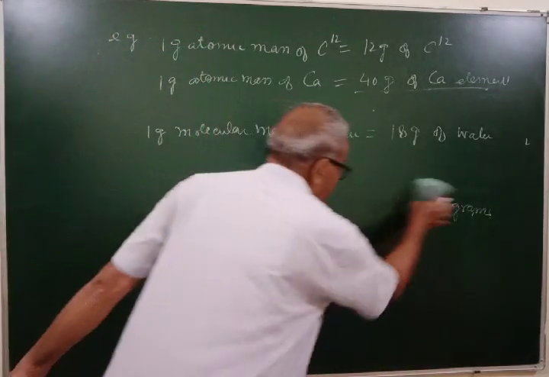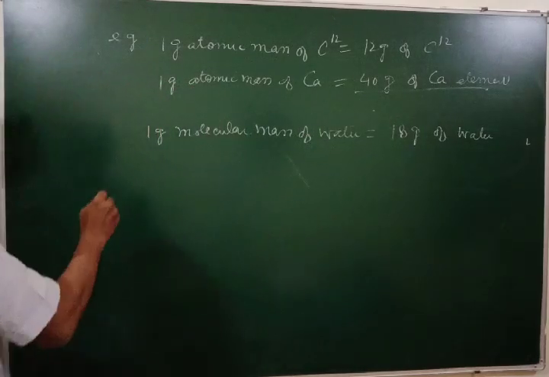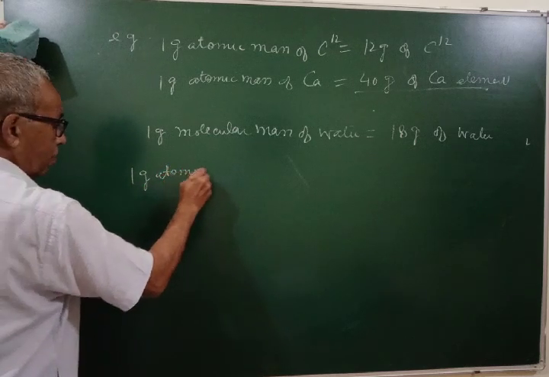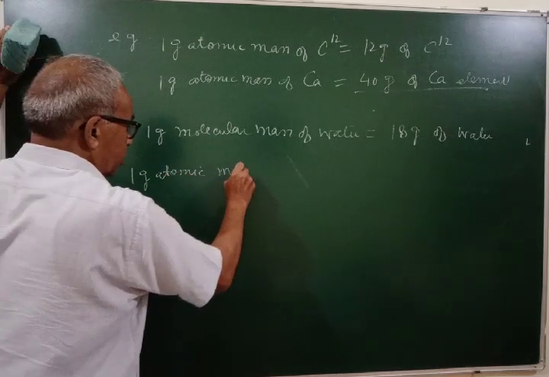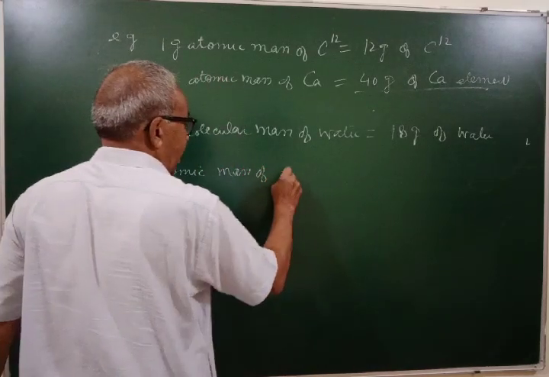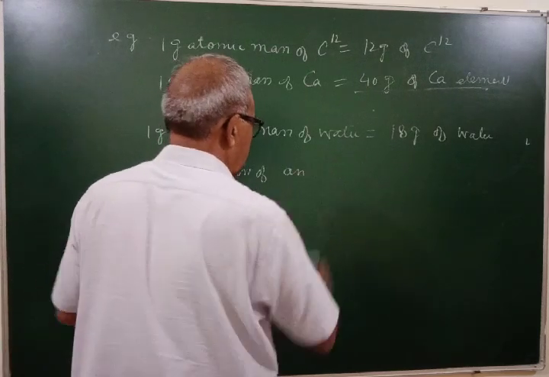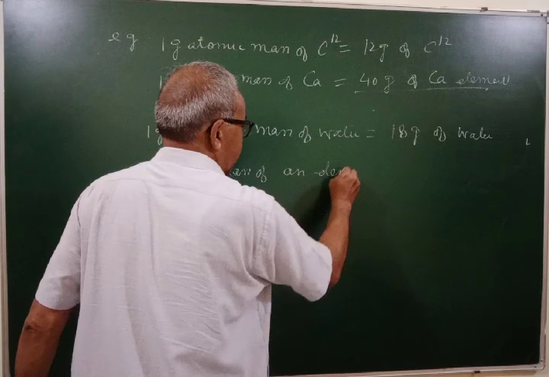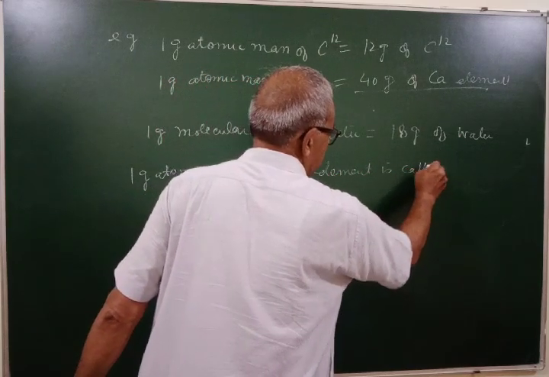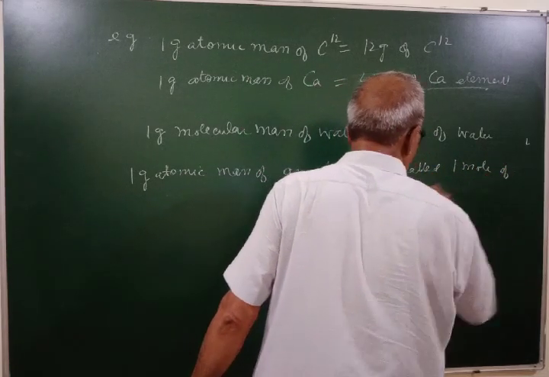And remember now what I am going to tell you. 1 gram atomic mass of an element is called 1 mole of the element.